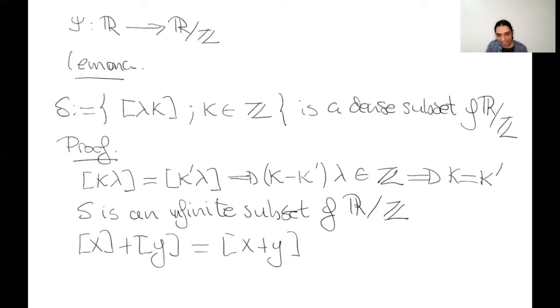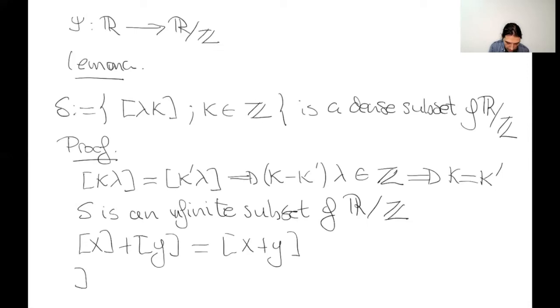So we have that S, let's go back to our proof, S is an infinite subset of this circle. And since the circle is compact, since our manifold is compact, that implies in particular that there is a sequence of different points that converge.